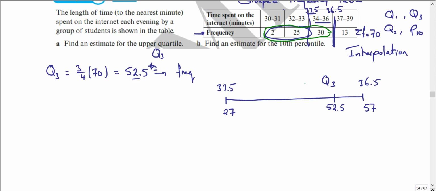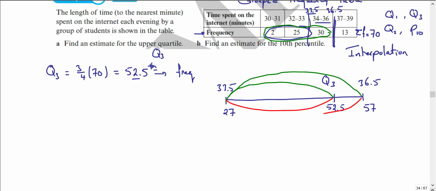Now to the linear interpolation rule. How to do it? Pay attention. We say this segment, or this part of the line, divided by this, equals small divided by big. So again, small divided by big equals small divided by big. That's the interpolation.